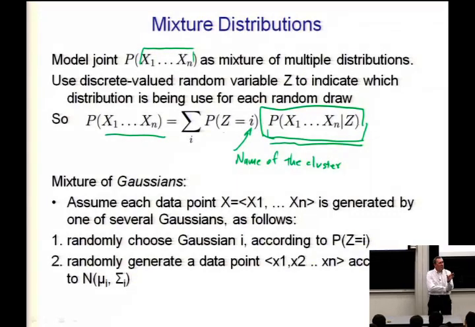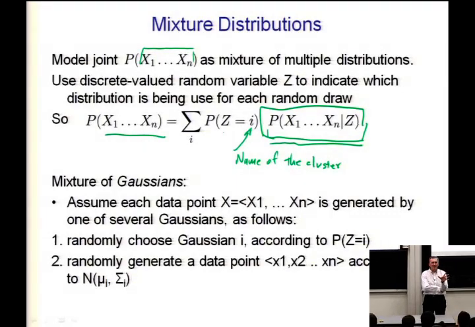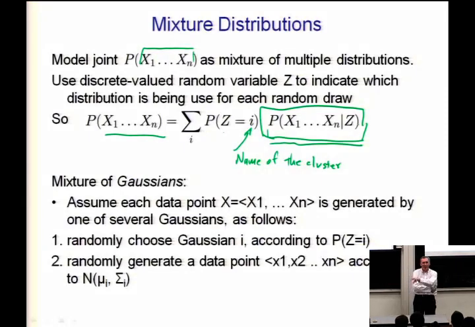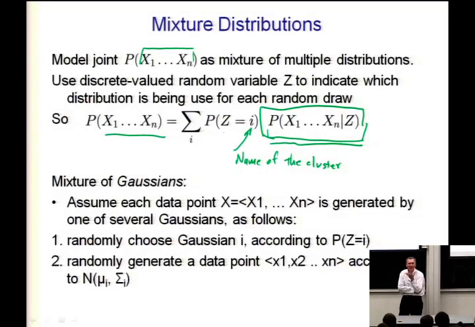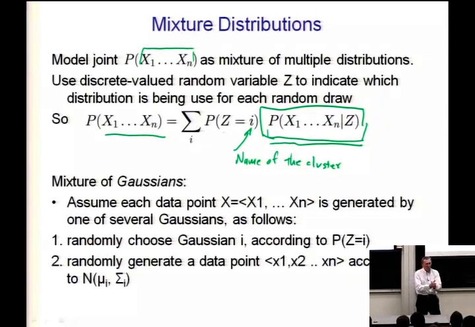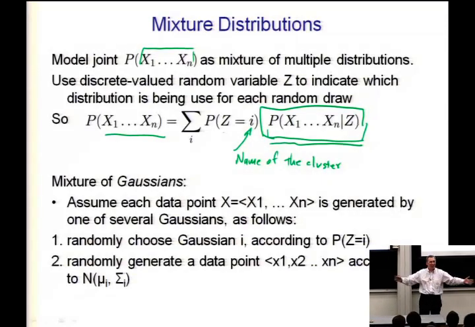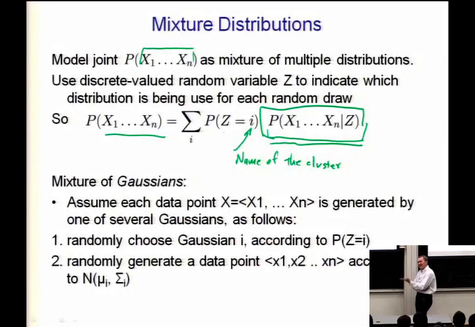So you could try z equals 1, z equals 2, z equals 17, z equals 94, or z equals the number of data points that I'm clustering, so that every data point gets its own cluster. Obviously, the more clusters we allow, the more values of z we allow, the greater we're going to be able to make the training set data likelihood.